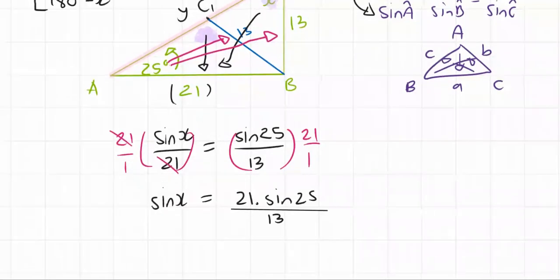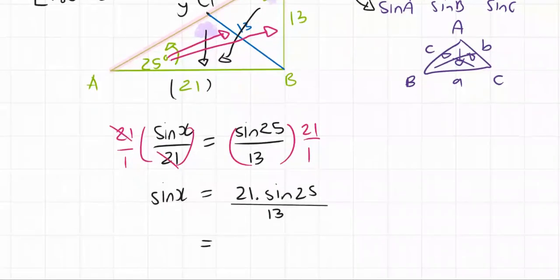Put that in your calculator, and it's equal to 0.6827 to 4 decimal places. It's asked for 4 decimal places. So we only asked for sine x in this first question.